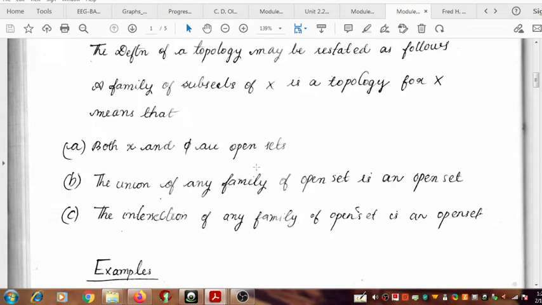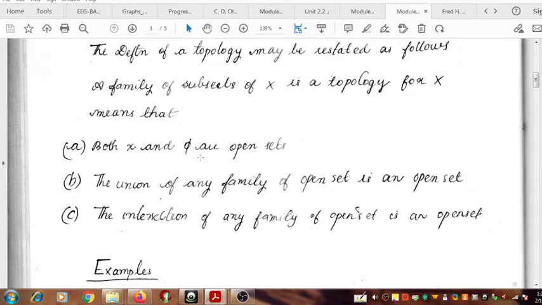Here open set stands for a member of tau. So whenever a subset is a member of tau, then we say that it is open. That usage, is a member of tau, can be replaced by the usage, is an open set.